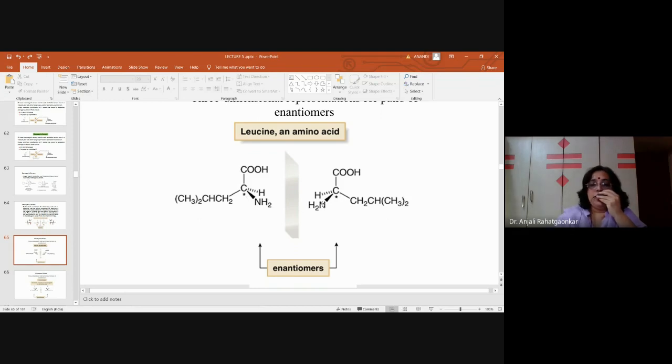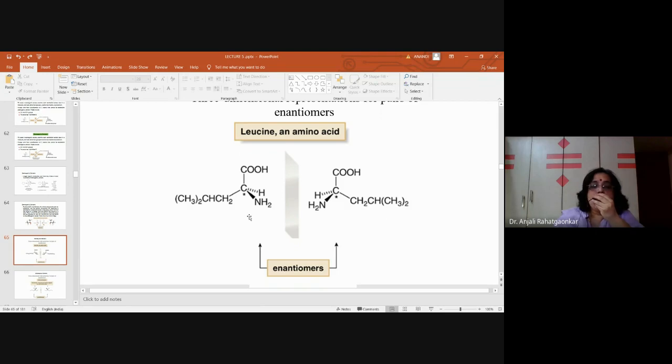If they are superimposable, we can say they are the same achiral molecule, and they are just the same isomer. But if they are mirror images and non-superimposable, they are definitely enantiomers. So that is the correlation of compound A and compound B.